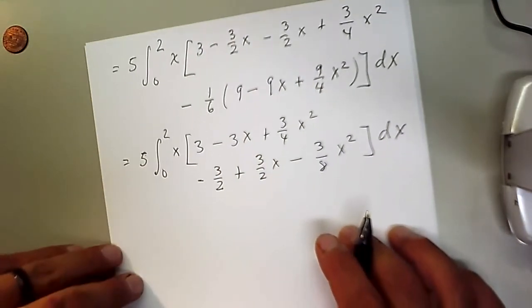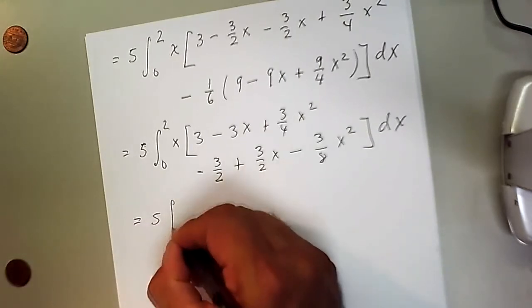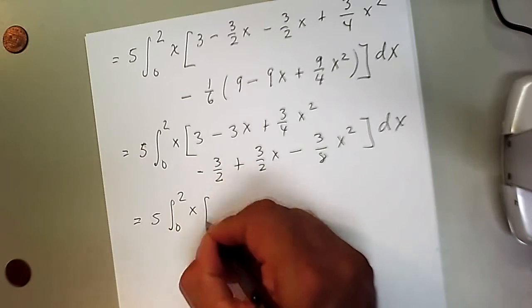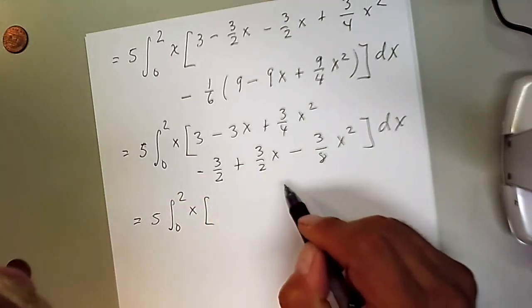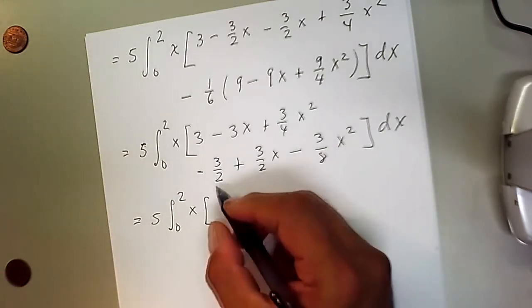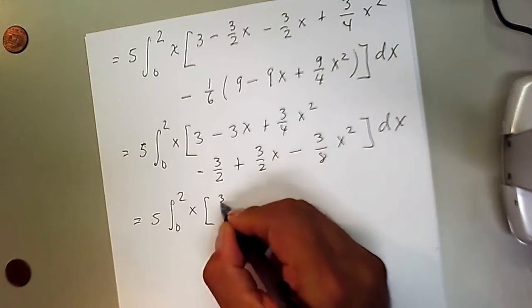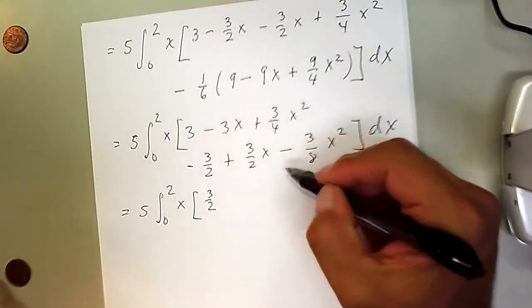Okay. Equals 5, 0, 2, x. Let's simplify this before we multiply by the x. So 3 minus 3 halves, well, that is 3 halves. That takes care of those two.